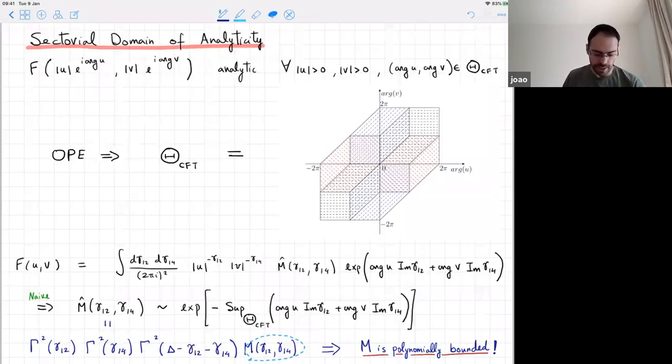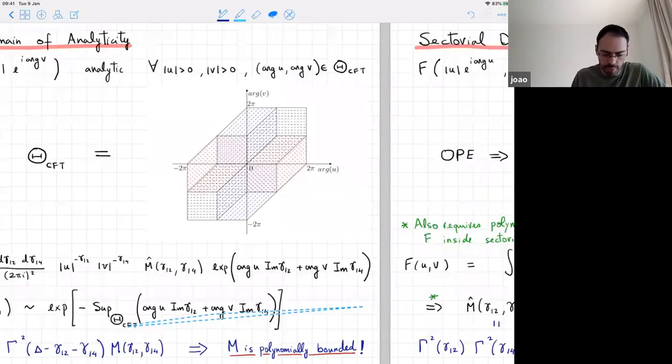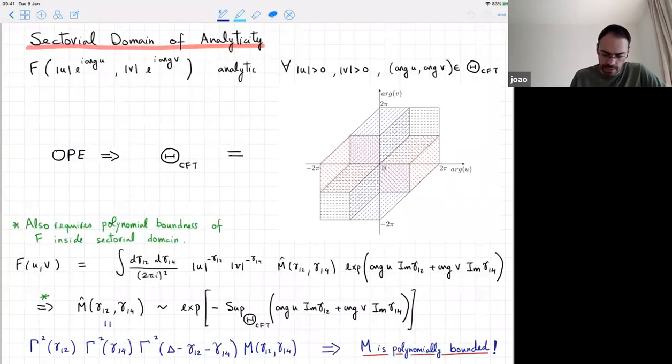So that's, if you want, another perspective on why it's natural to factor out these gamma functions. So I put here this comment naive because this is not really a proof. And again, we failed to give a rigorous proof, because to really give a proof, you need an extra condition. You need that the actual function is not just analytic in this domain, but is polynomially bounded when you vary U and V inside this region.